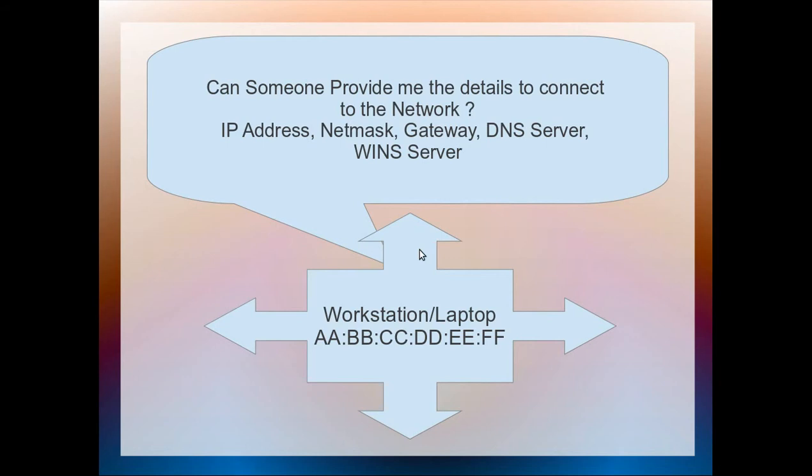The message will be like, my MAC address is this one, please provide me an IP address, netmask, gateway, DNS server and WINS server so that I can coordinate with the environment and access the internet and all the machines in this particular infrastructure.